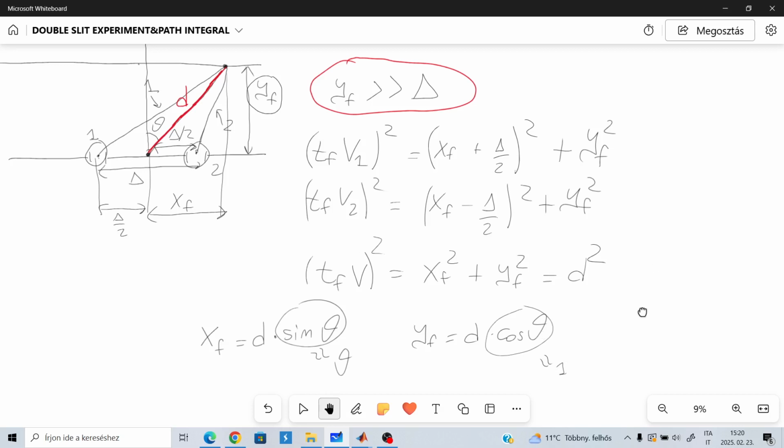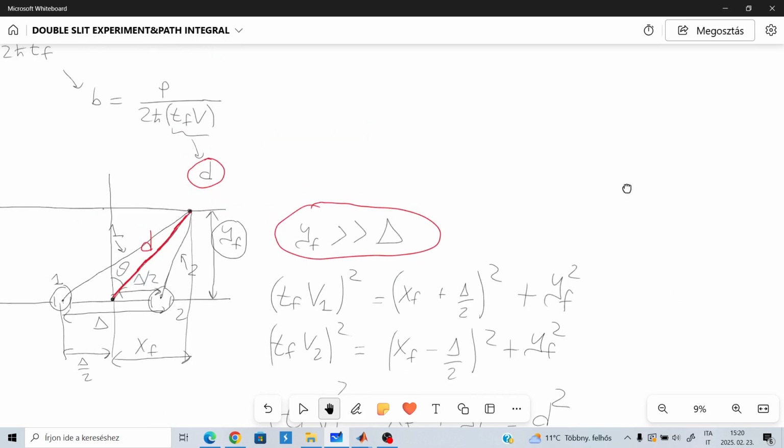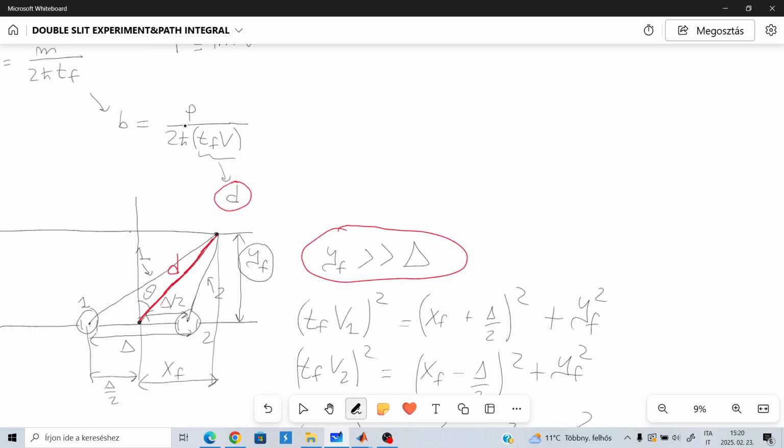And at this point, remember that we defined b like this. And I want to rewrite now this formula in a different manner. So remember that h bar is equal to h divided by 2 pi, where h is the Planck constant, whereas h bar is the reduced Planck constant. So here I get a factor of 2 pi, and then I have 2h times d.